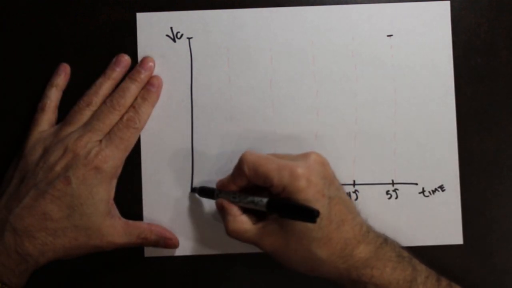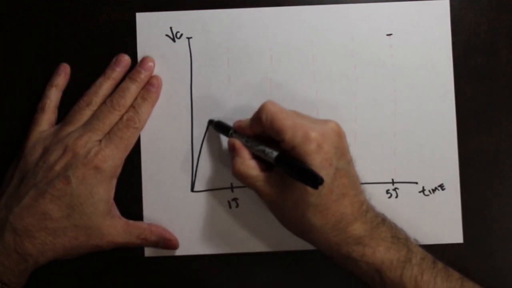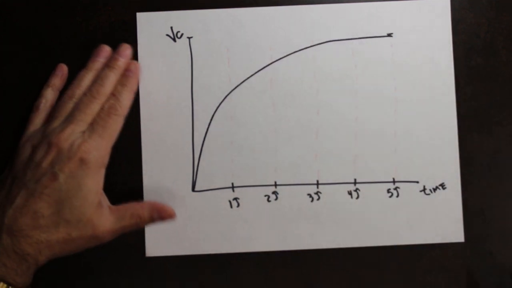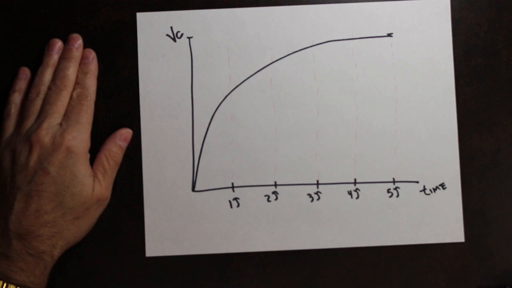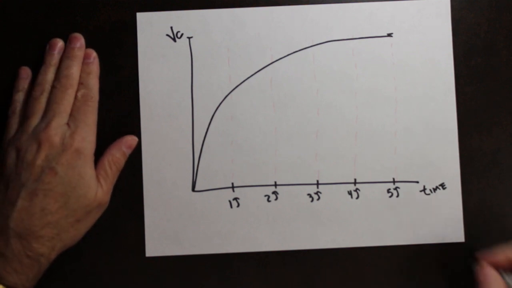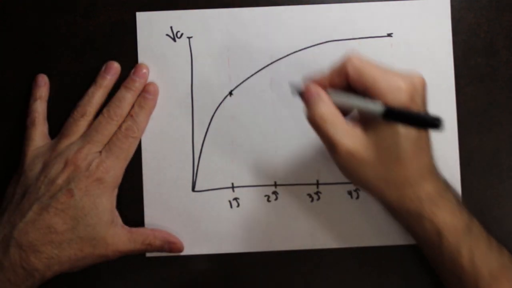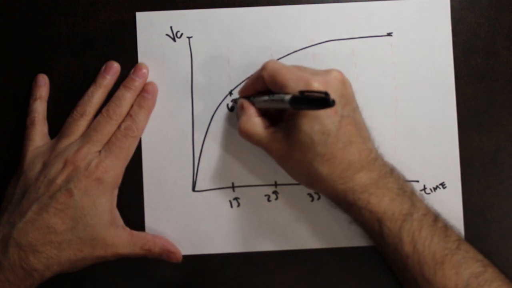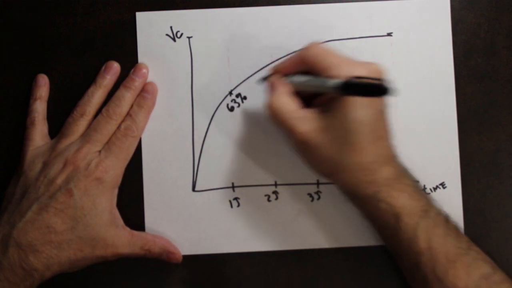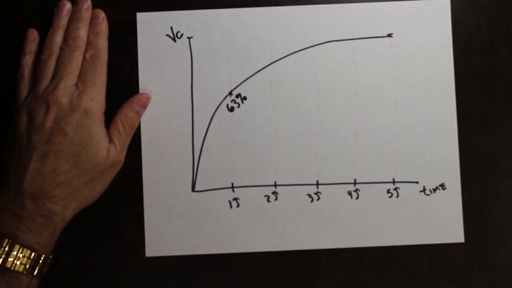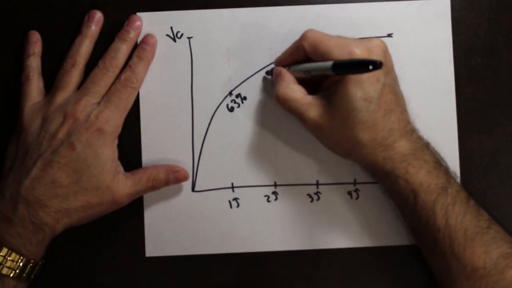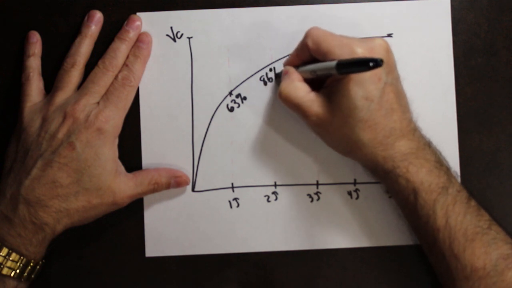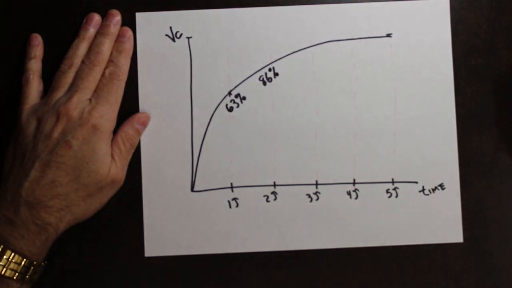What we have is a curve that looks like this for charge. After 1 tau, we are 63% charged. 2 tau, we are 86% full charge.